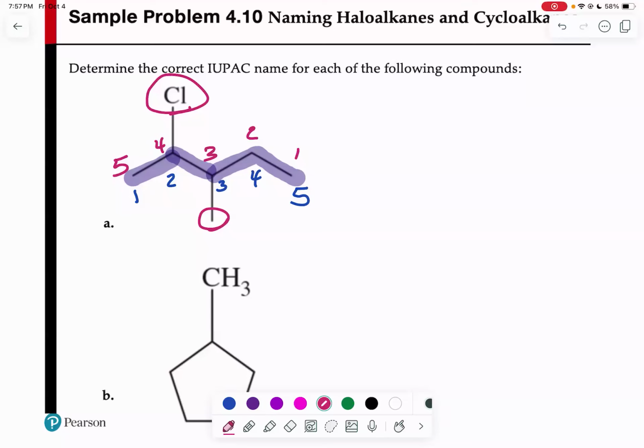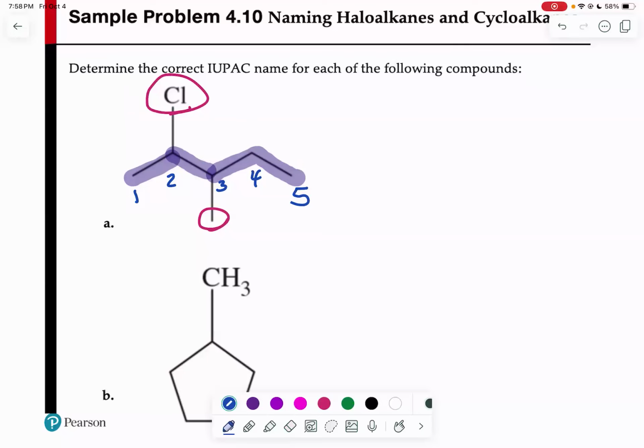If I went with the red numbers, I would have a 4 on the chlorine and a 3 on the methyl group. Or I could have a 2 for the chlorine and a 3 for the methyl group. The 2 and 3 are going to be lower numbers, so I'm going to go with the blue numbers. I'm going to erase the red numbers because I don't want to get everybody confused.